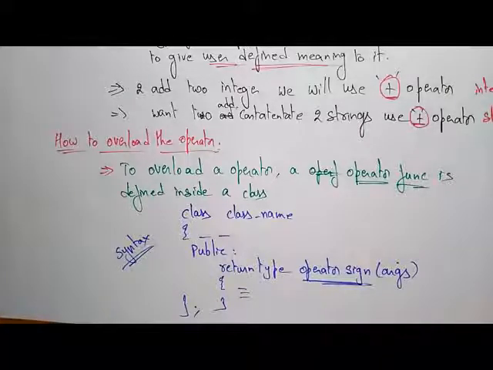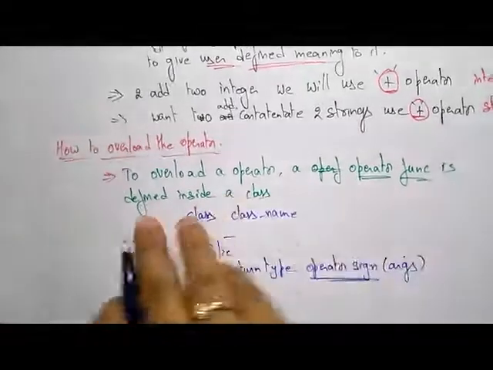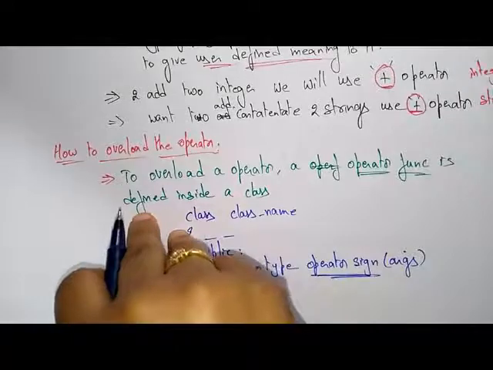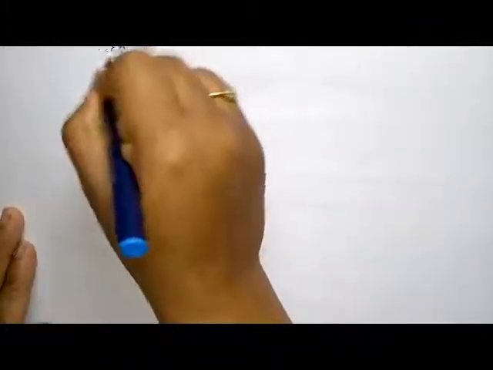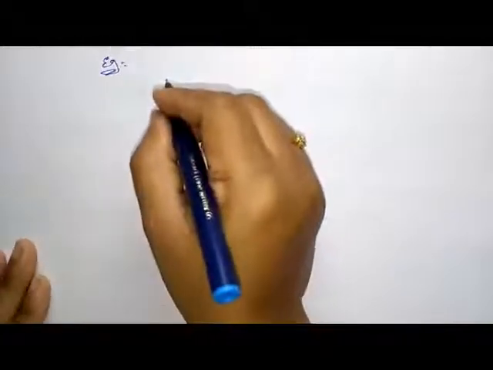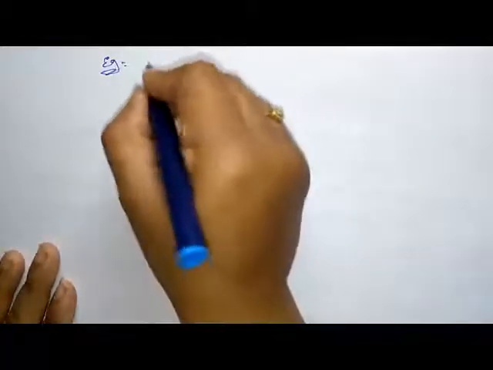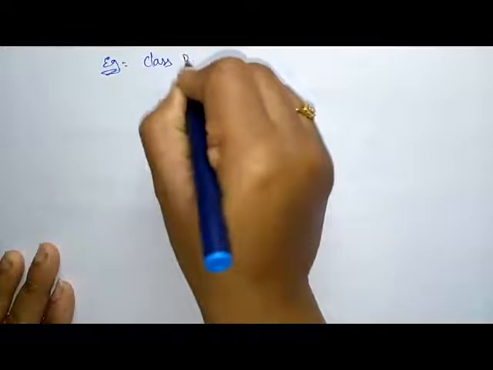So let us see one example for this operator overloading. Let us take one example program. Here I'm taking the class Rectangle.